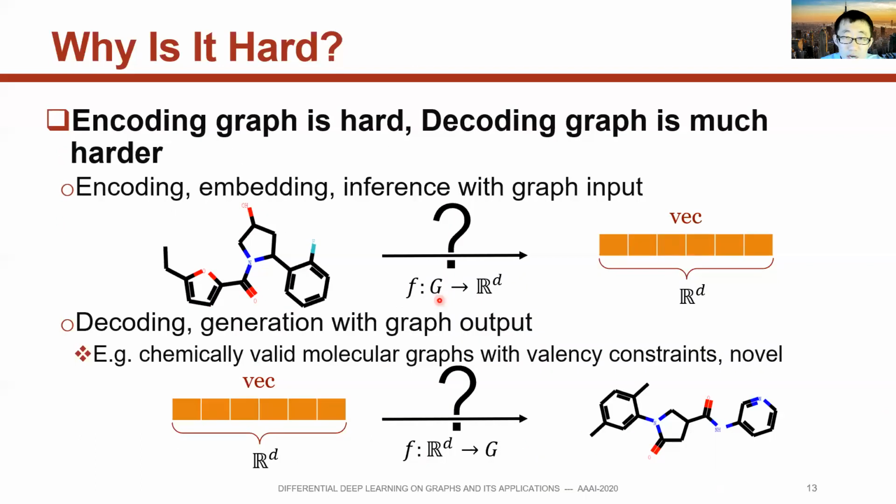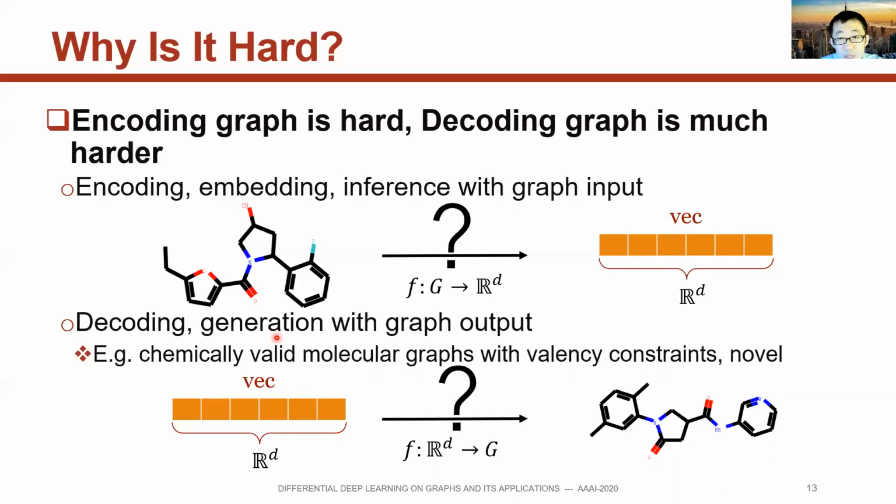Third, why is it hard? Encoding graphs is hard. Decoding graphs is much harder. As discussed in the previous tutorial, we need to encode, or to embed, or to infer with graph inputs. To design molecules with a combinatorial structure is a reverse process, namely to decode or to generate graph outputs with multiple types of nodes and edges.